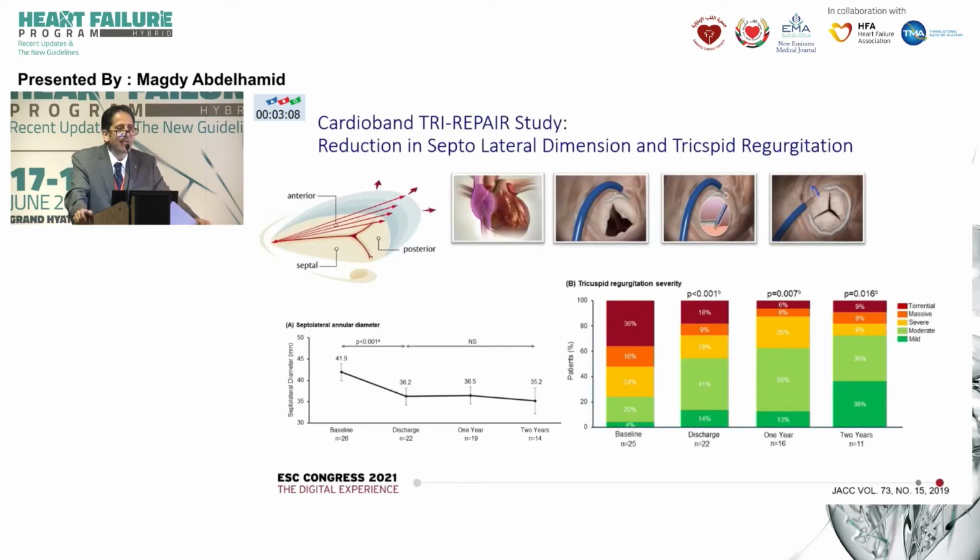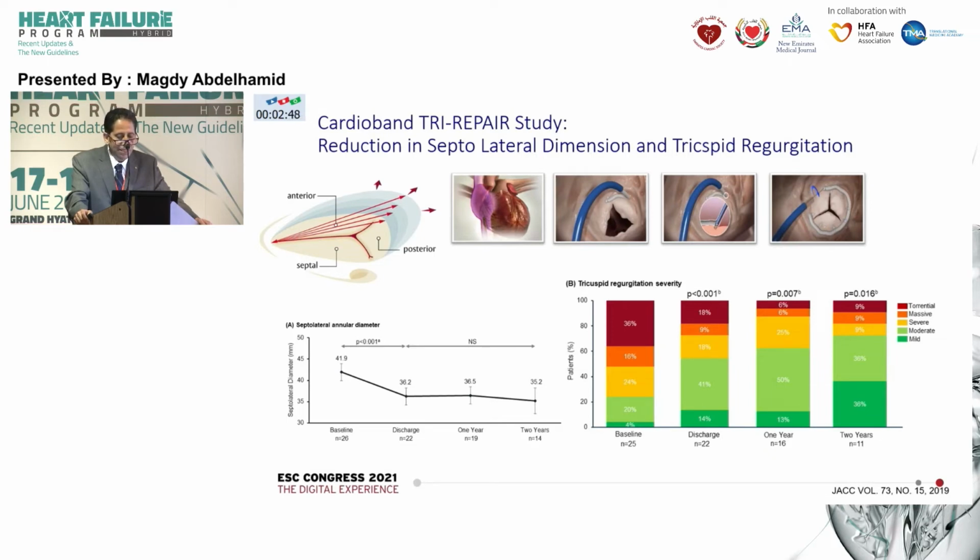And we have evidence from small studies using these devices, such as the CardioBand TRI-REPAIR study for tricuspid valve repair. If we look at the decrease in the annular diameter, you can appreciate the significant reduction in tricuspid regurgitation severity.